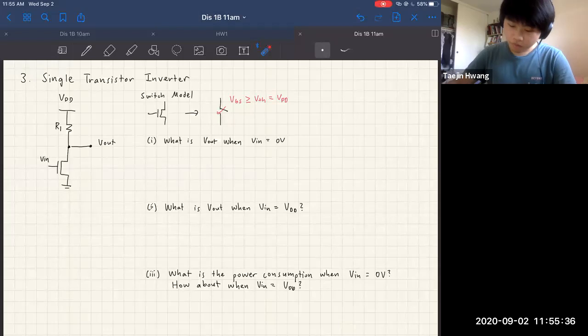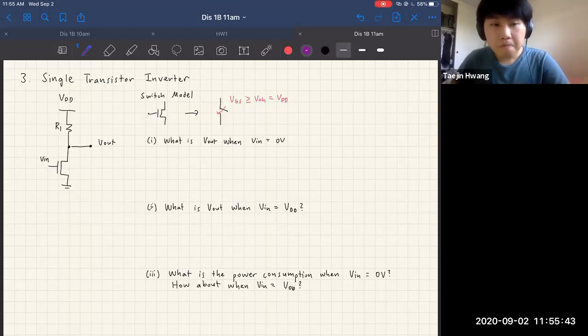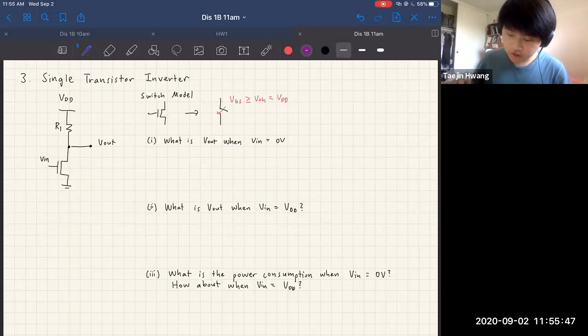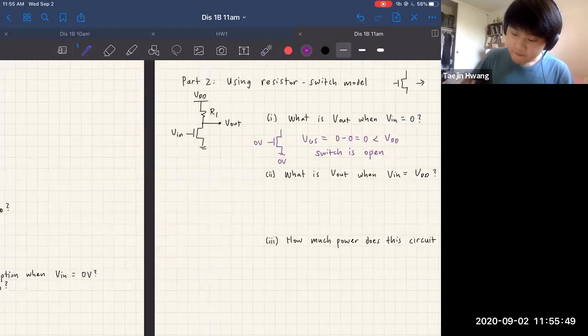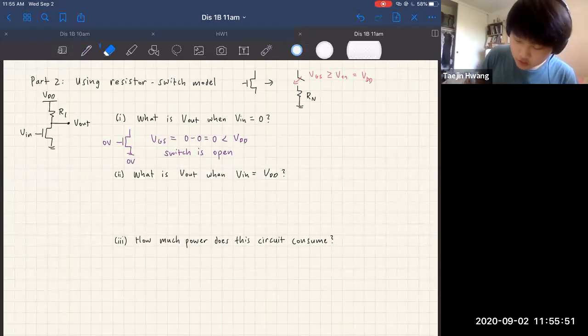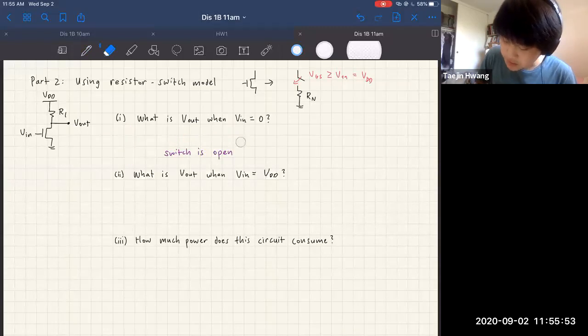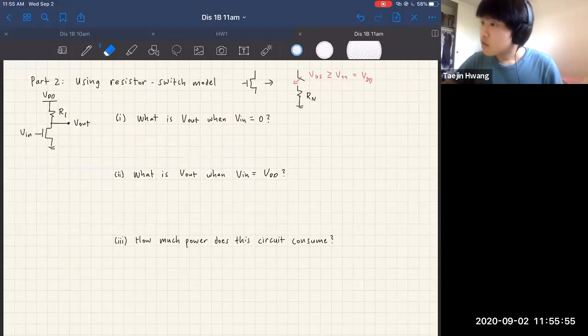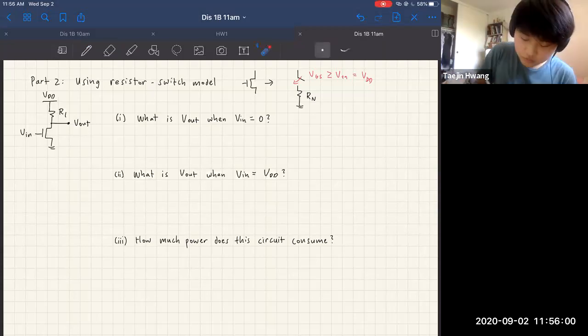Okay, for the sake of time, since we only have 5 minutes left, I'll briefly talk about the single transistor inverter and really the main punchline behind everything. I think it might be more productive to go over part B, where we're looking at an inverter.